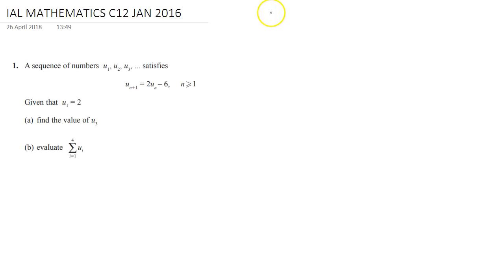So here we have the equation u(n+1) is equal to 2un minus 6. Let's put n is equal to 1. u(1+1) is equal to 2 u1 minus 6, so 2 u1 is 2 times 2, 4, minus 6.